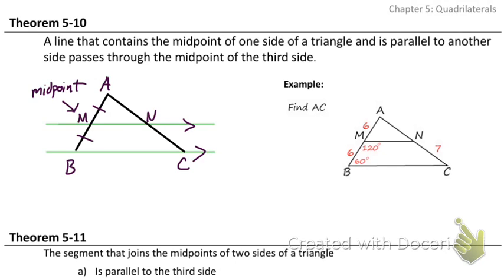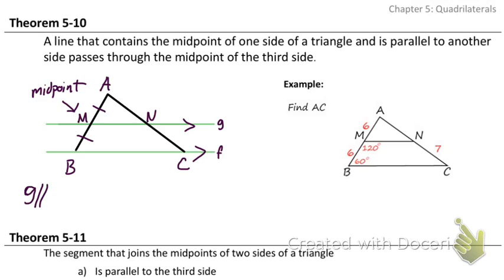So we're basing this on two different things. We should probably pick two different things besides M and N. Let's call this line G and line F. So G and F are parallel.